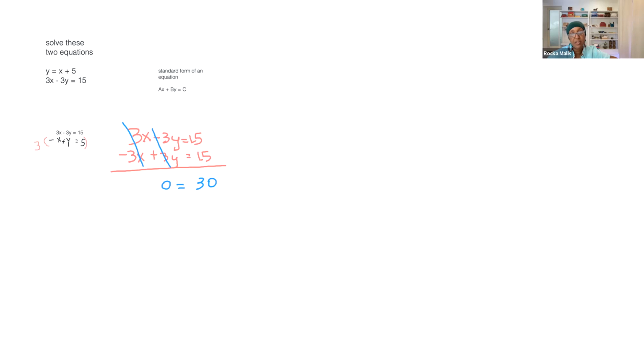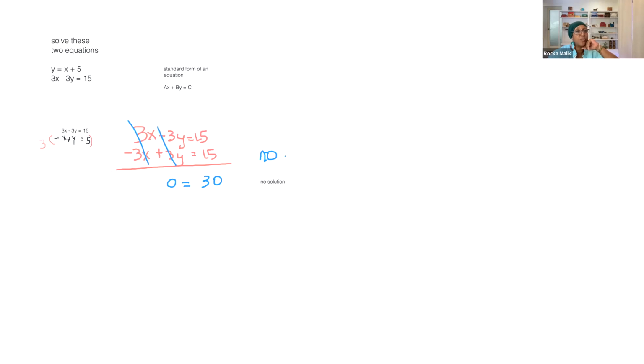What does it mean when you get an equation that is not true and doesn't make sense? What does it mean for these two lines? There's no solution. If there's no solution, does that mean they don't meet?